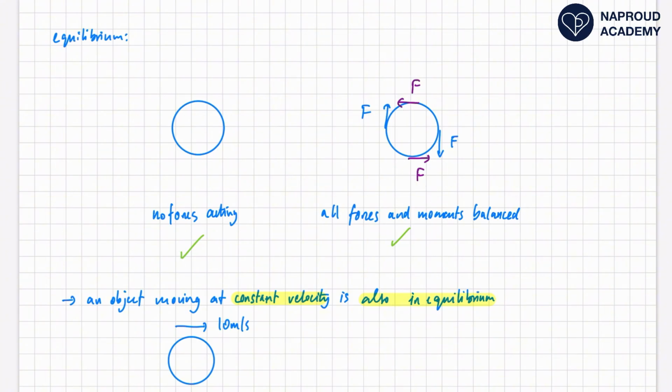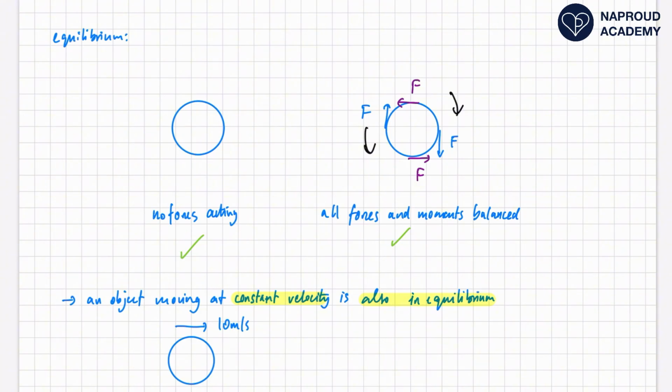However, you can also see that there is a moment due to these forces. The blue forces cause a clockwise motion, while the purple forces cause an equal and opposite anti-clockwise motion. As a result, the moments also cancel each other out, or the couple cancels out. And so all the forces and moments are balanced, therefore this system is also in equilibrium.